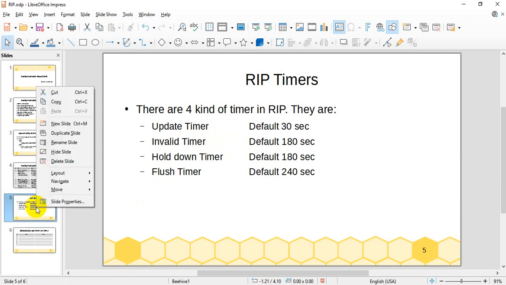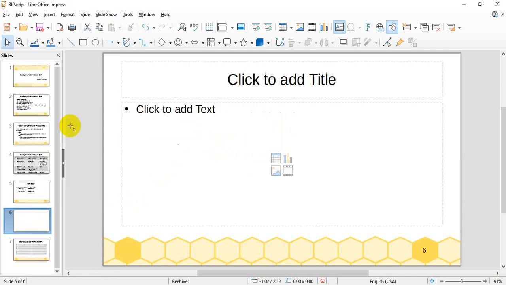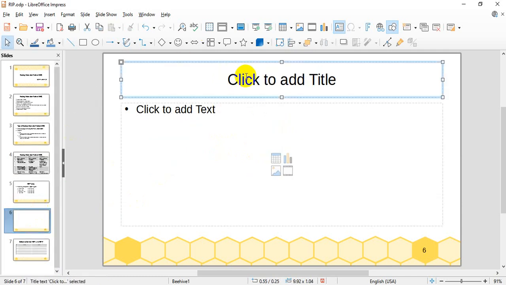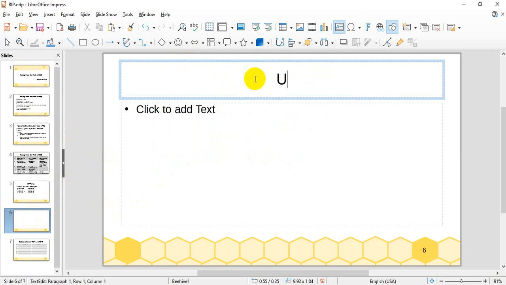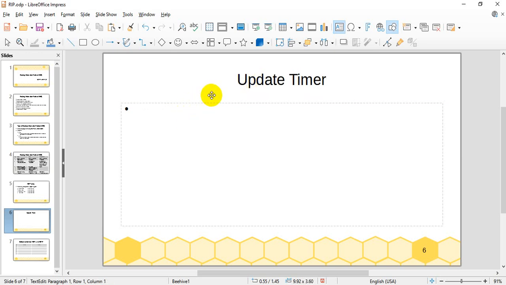And let's talk a little bit more in detail about the update timer. Okay. And what is the default? As you know, the default value of the update timer is 30 seconds.